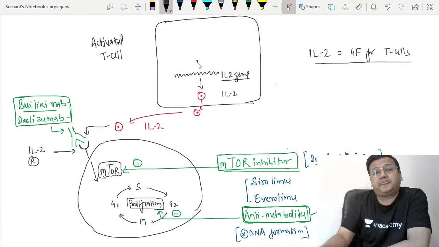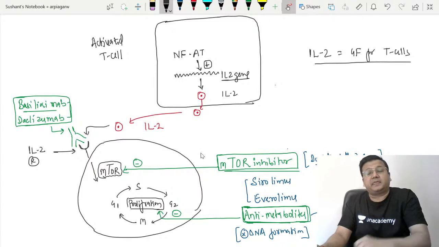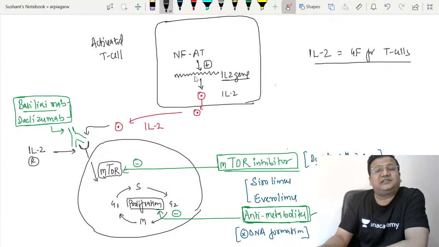Now this gene needs a transcription factor, and that is known as NFAT, nuclear factor of activated T cells. NFAT increases the transcription of the IL-2 gene. It supports the IL-2 gene, and more IL-2 will be formed.